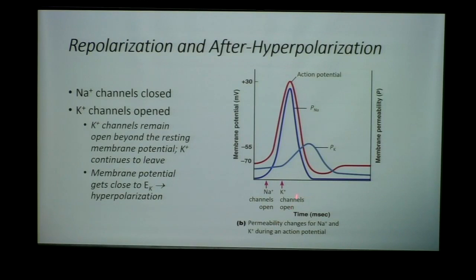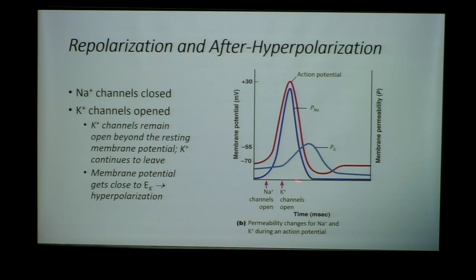The membrane potential is falling, and then it's going to actually go a little bit below the resting membrane potential. And that's because we have this efflux of potassium. And so we're rapidly decreasing the value of the membrane potential. But we pass resting because so many of these potassium channels are open, and we have this efflux of potassium that is rapidly making the membrane more negative, such that it actually goes below the resting membrane potential, below that -70.